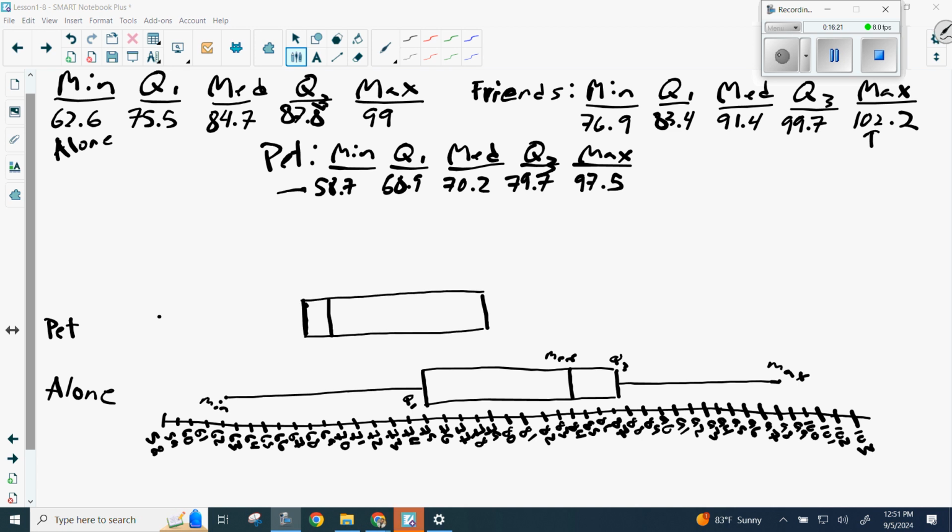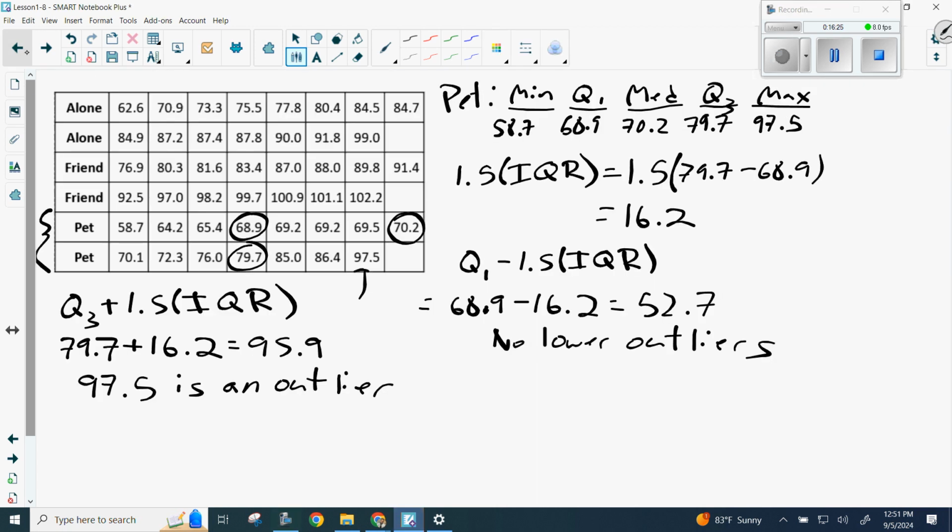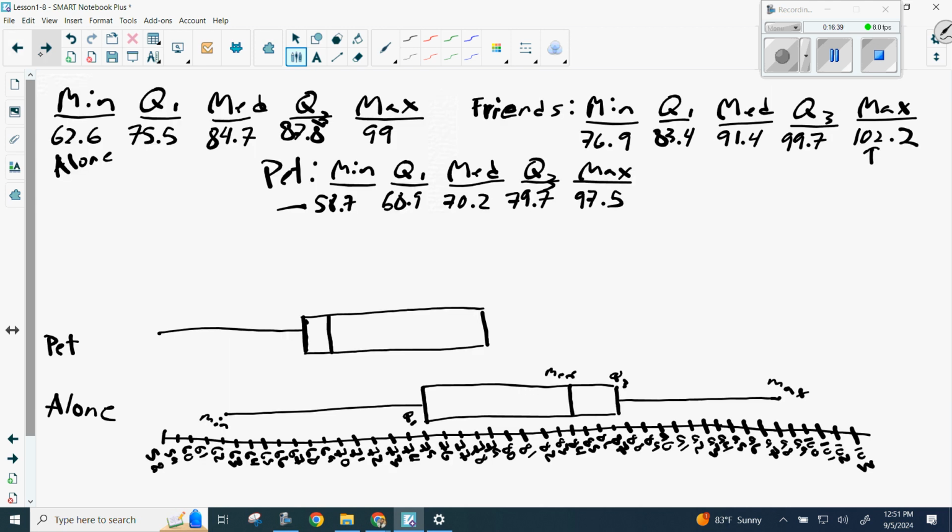Did we not find an outlier for pet? We did. We found that this value, 97.5, was an outlier. So what we do is we go to the next point, 86.4, and we put our dot there. 86.4, right about here, and we connect it to that dot. And then the maximum, we found that that value is an outlier.